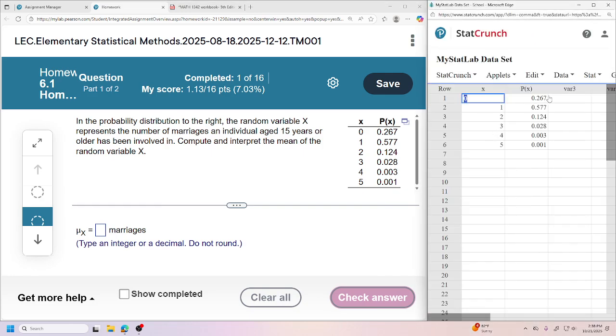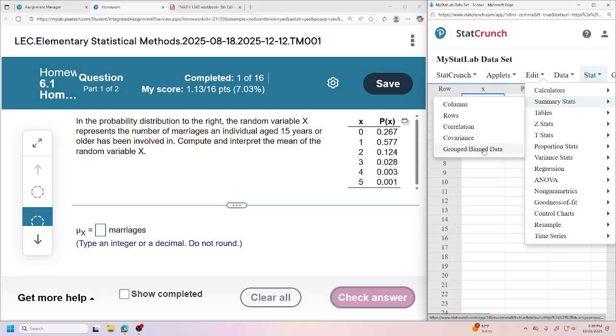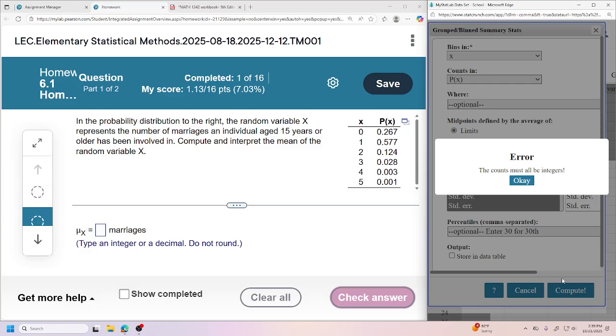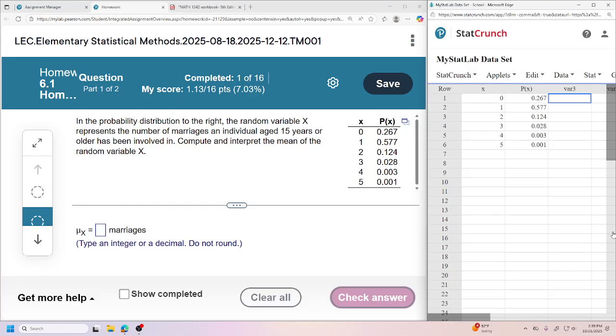Here we go. All right, so stat, summary stats, group bin data, right? This is very typical. I do the first with the first and the second with the second, and guess what? I need to convert these over into integers. How many decimal places am I using this time? For each one of these, how many decimals are we using? Like the .267 and the .577 and all that. 3 decimals?